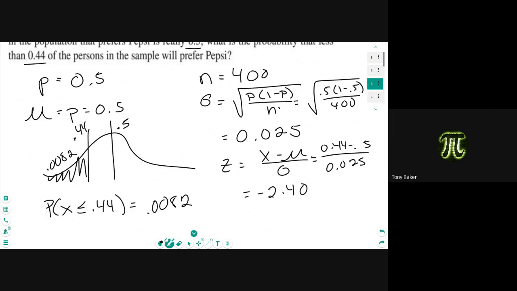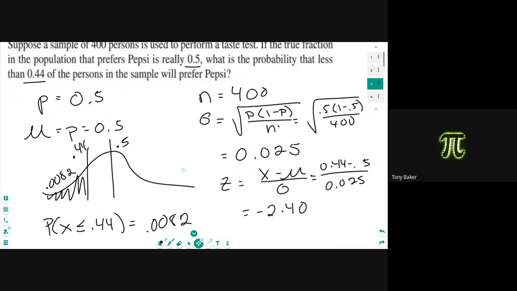So, yes. Because we're working with a sample, would that mean this survey is done multiple times, and there's a 0.0082 chance of it landing on the 0.44? Or less. Okay.